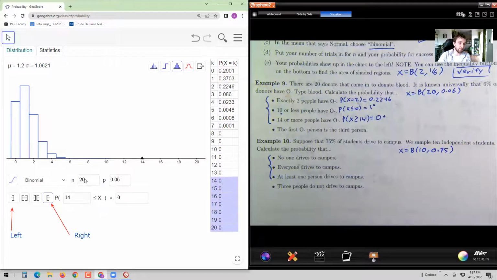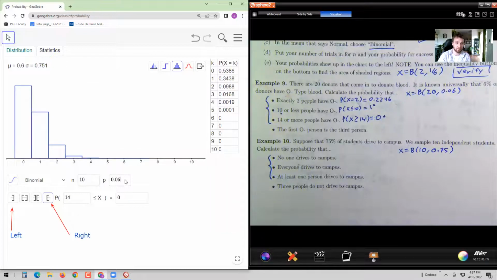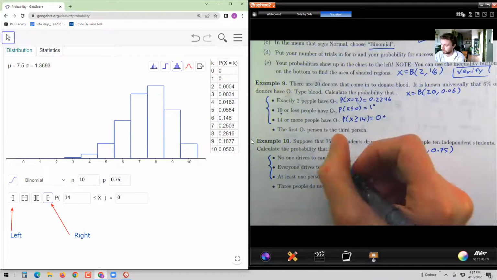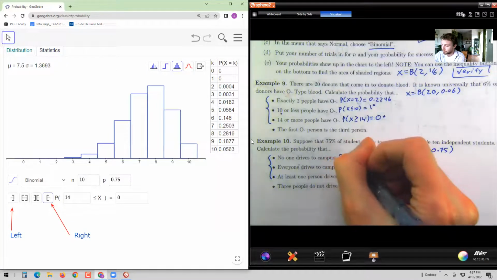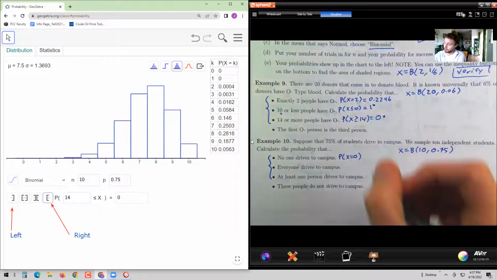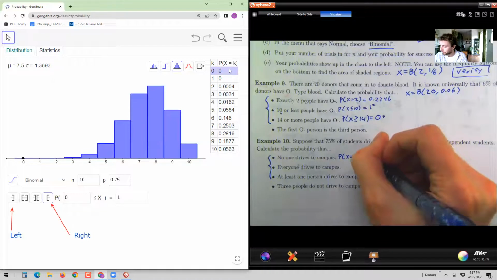So inside of GeoGebra for the n, looking at 10 trials, probability, 75%. The probability that no one drives, 0 drive. So I'm going to choose the block for 0. Really close to 0%, I would call that 0 plus.